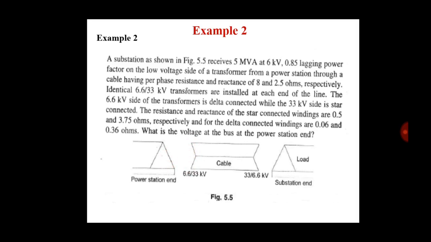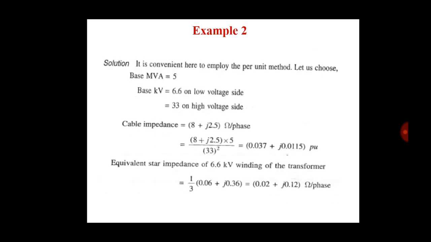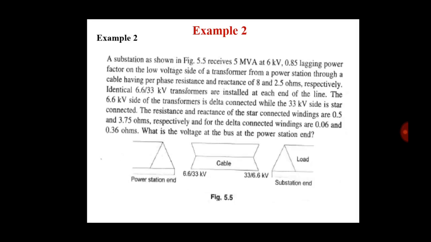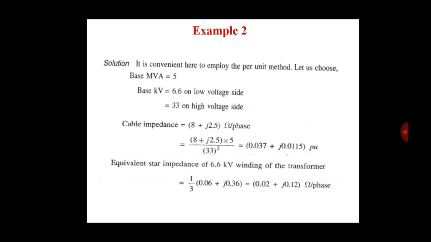Now we see it is convenient here to employ the per unit method. Let us choose the base MVA equal to 5. The rating of the substation is 5 MVA, so we take the base as 5 MVA and base kV 6.6 on the low voltage side and 33 on the high voltage side.